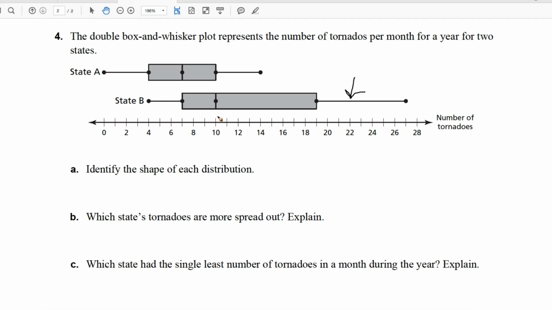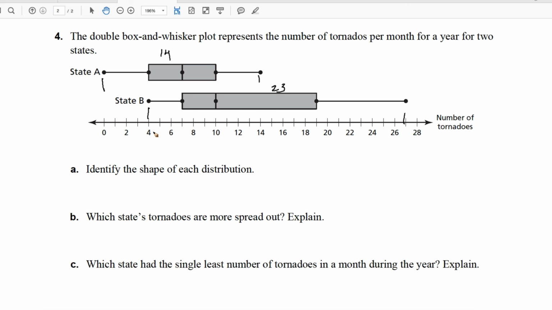B, which state's tornadoes are more spread out? In order to find out which is more spread out, you say which one has a greater range. The range on this one goes from 0 to 14, so the range is 14. This one goes from 4 to 27, and that's a lot more than 14. 27 minus 4 is 23.